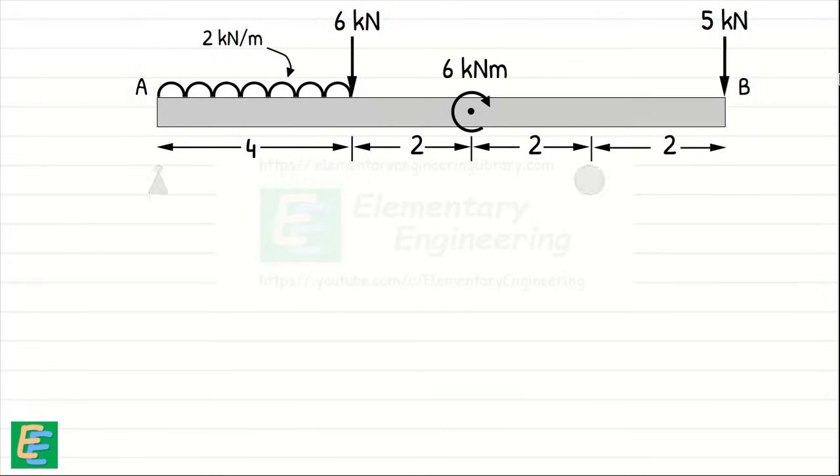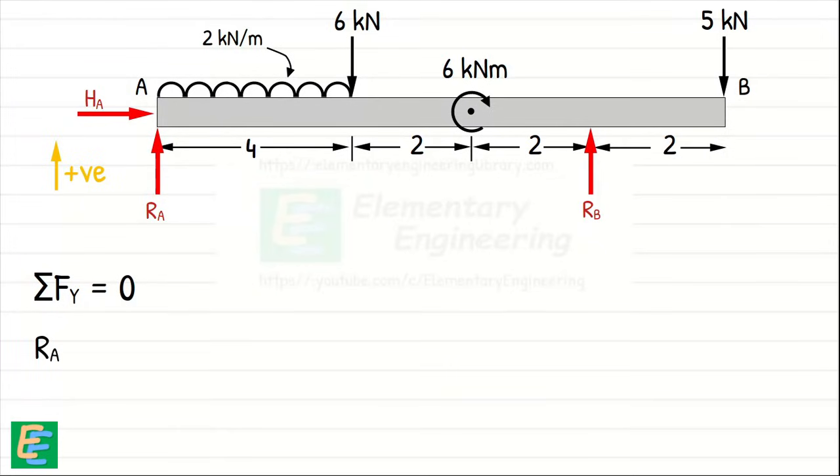First, we remove the supports and replace them with the corresponding reaction components. At the pin support A, we have a vertical reaction RA and a horizontal reaction HA. At support B, we have a vertical reaction RB. Now applying vertical equilibrium, taking upwards as positive. First, support reaction RA upwards, so positive.